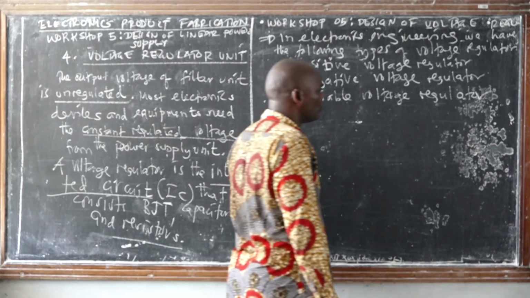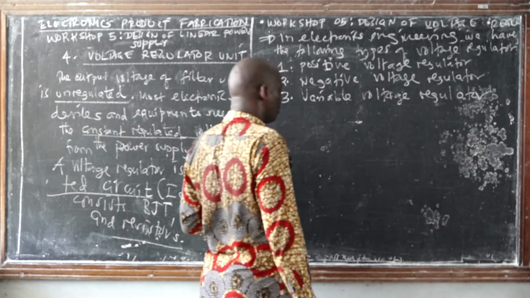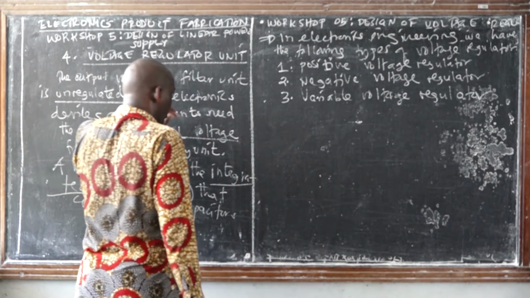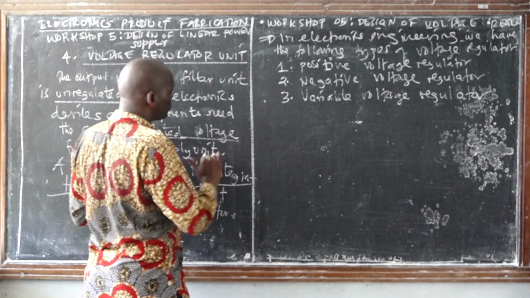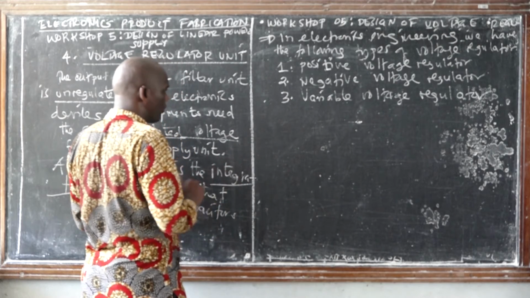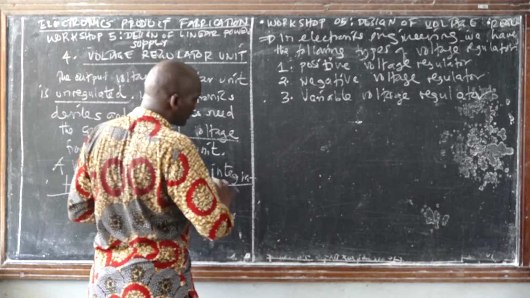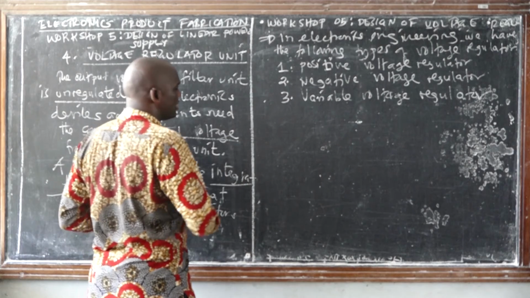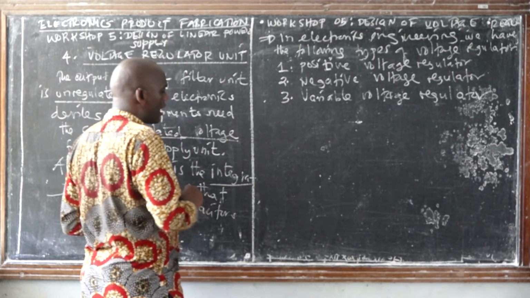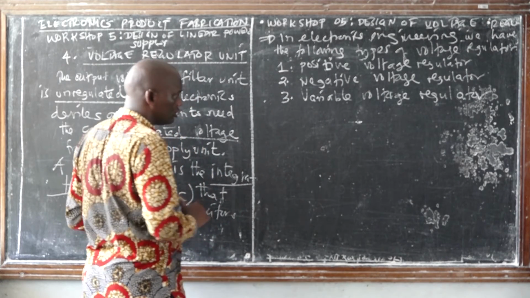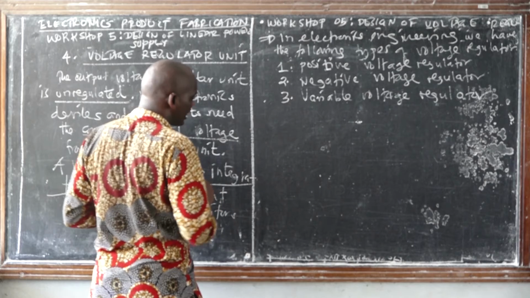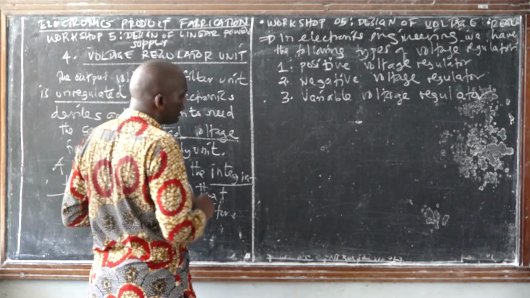In this workshop, we'll be focusing on the positive voltage regulator and the negative voltage regulator. I'm not going to touch the variable voltage regulator because we are going to design a fixed voltage linear power supply.